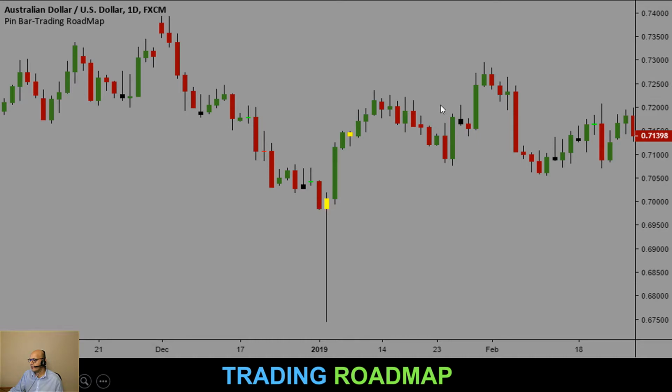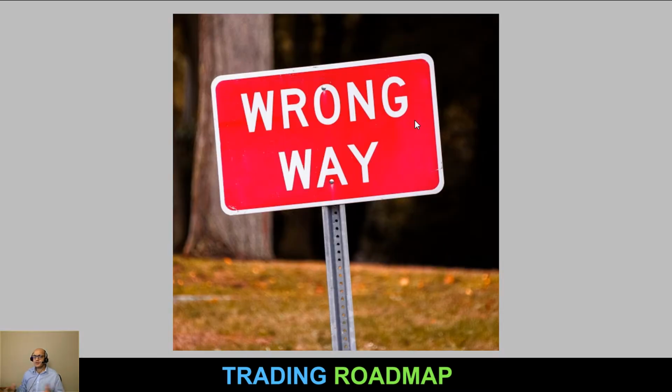If you find this one, yes, it went down for 1 bar, but then we have the continuation pattern, and then we have this sort of range for a couple of those pin bars there. So basically it means it's the wrong way and we're going to go in the other direction. But how far we're going to go in this direction, that's another story that we will cover right now.